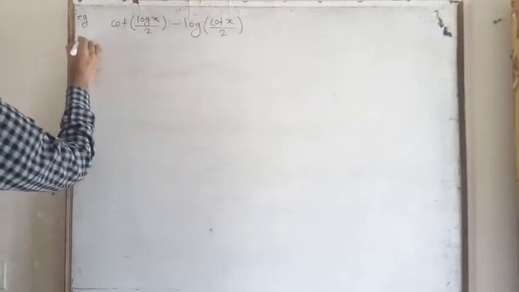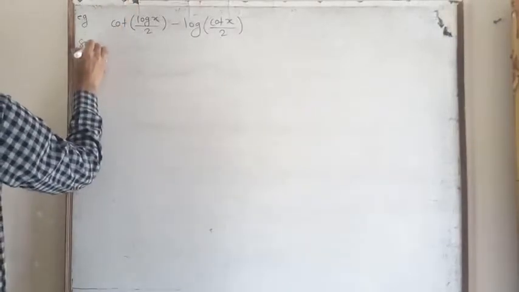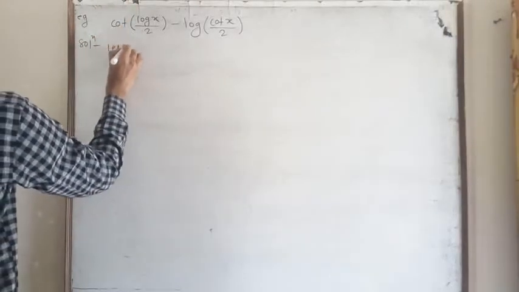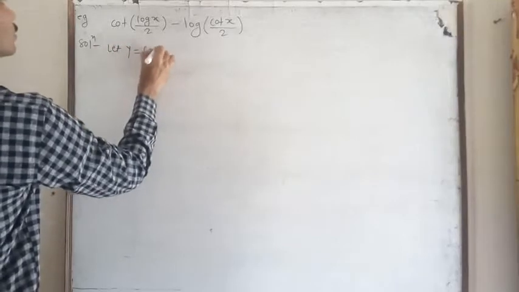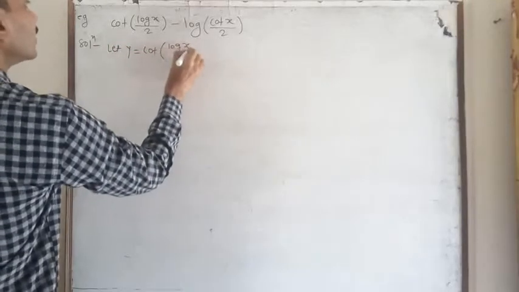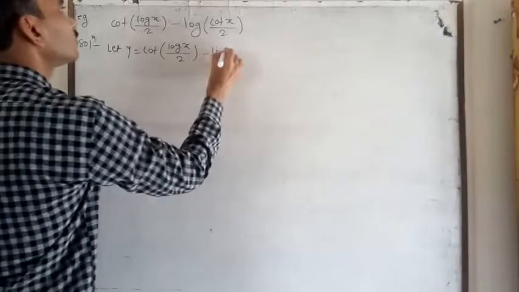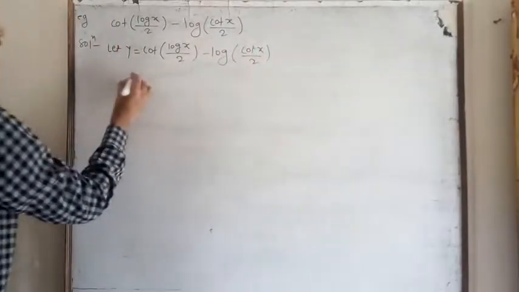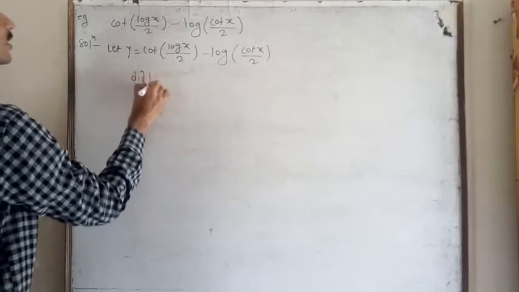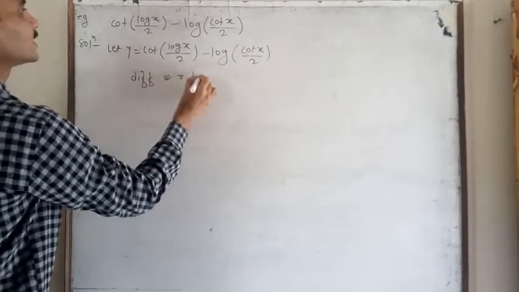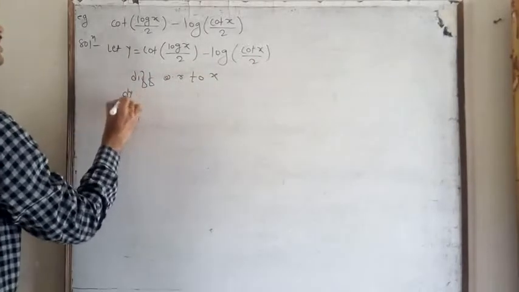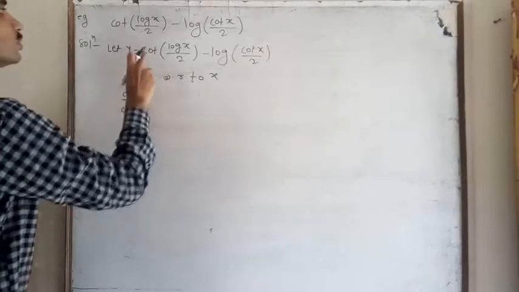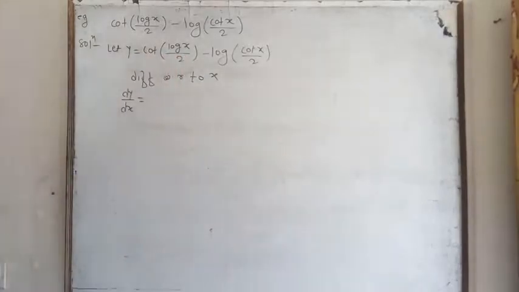Next example, let us consider this example with y equals cot of log of x upon 2 minus log of cot of x upon 2. Differentiate this with respect to x. dy by dx equals cot x, the derivative of cot x means minus cosec square x.